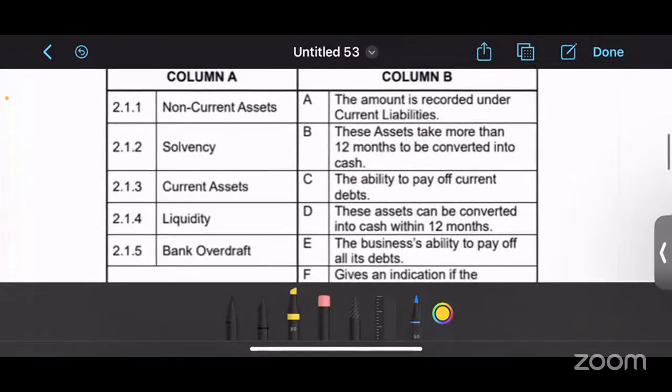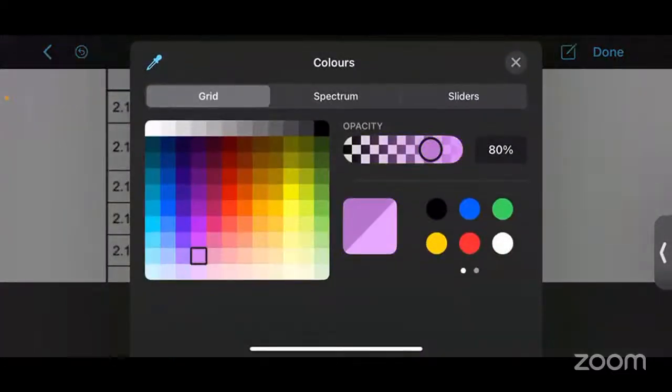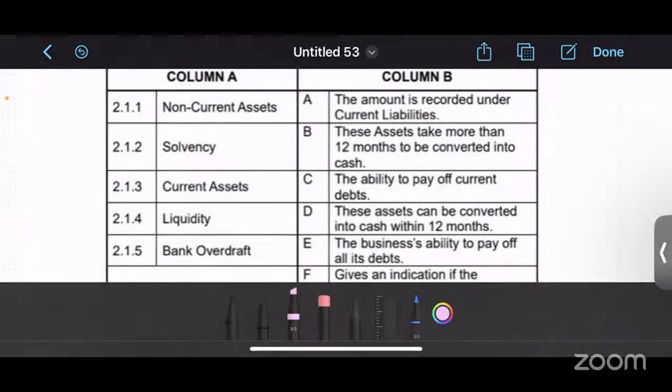Which one is it? Non-current assets. It's D, ma'am. Yes, these assets can be converted into cash within 12 months. What do you mean 12 months?